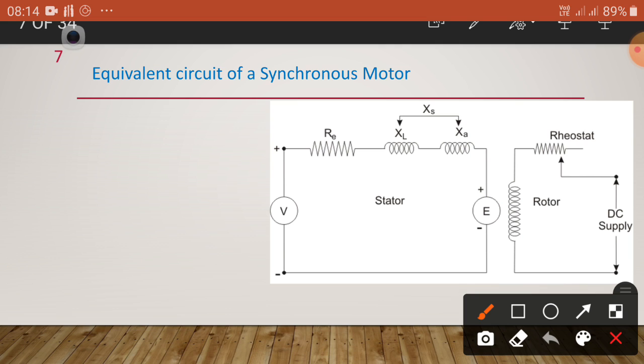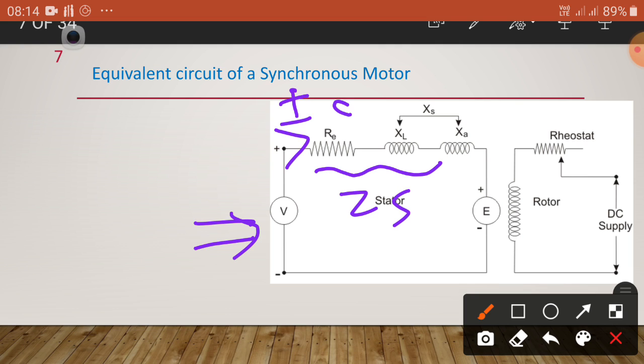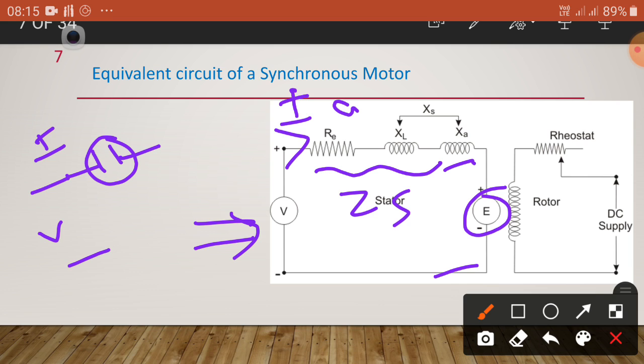Now, when the supply voltage V is applied, due to the ZS of the stator, the armature current IA passes. This is the back EMF EB. Now, what is the equation? The applied voltage V is equal to the voltage drop IA ZS plus one source, that is EB.